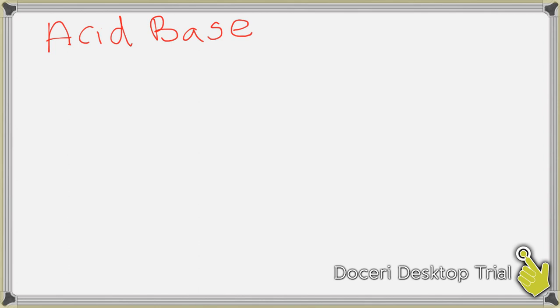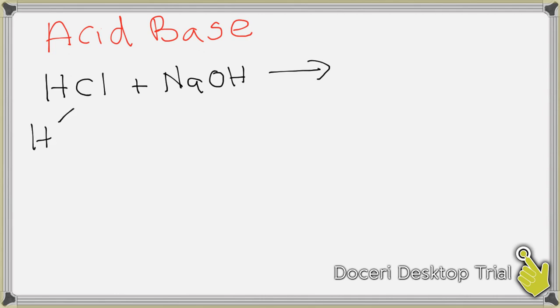I'll take a simple one. My acid is HCl plus sodium hydroxide. How do you predict the products? In a chemical reaction, HCl I can separate into H plus and Cl minus.